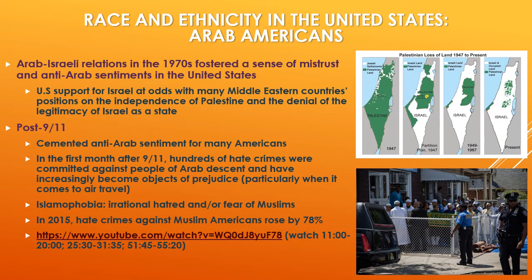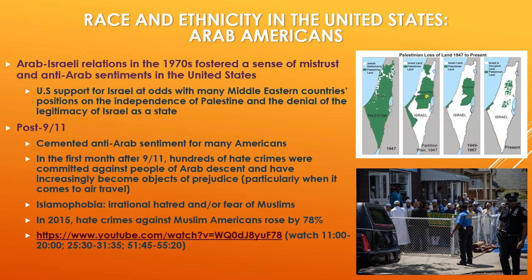During the 1970s, a sense of mistrust for Arab Americans developed due to the land claims and conflicts between Israel and Palestine. The U.S. government has close ties and support for Israel and its legitimacy as a state.